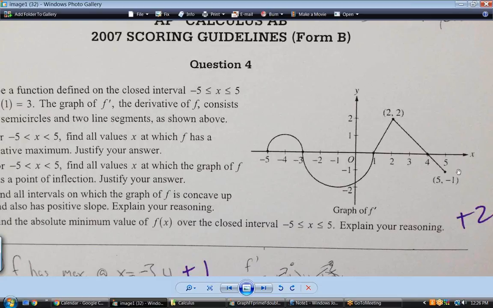Okay. We know what the function's value at 1 is. It's 3. So that's our answer unless we can prove that one of the endpoints has a value less than 3.